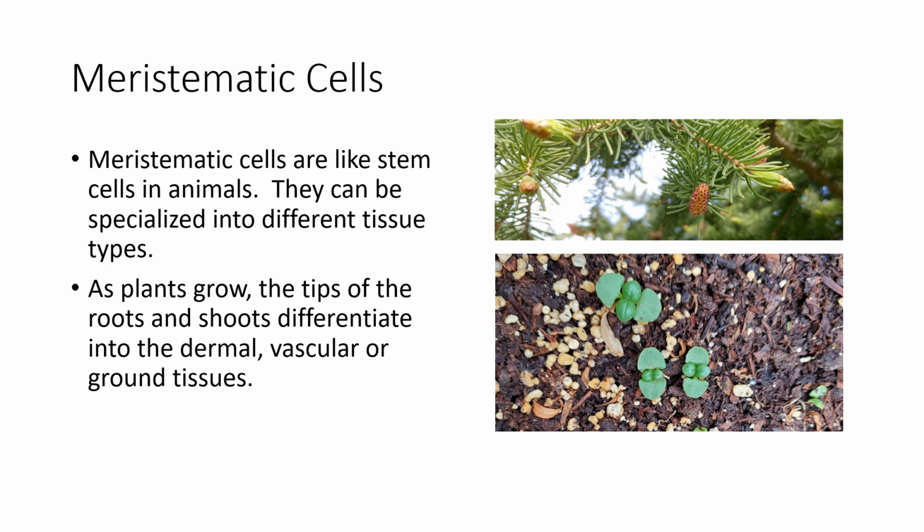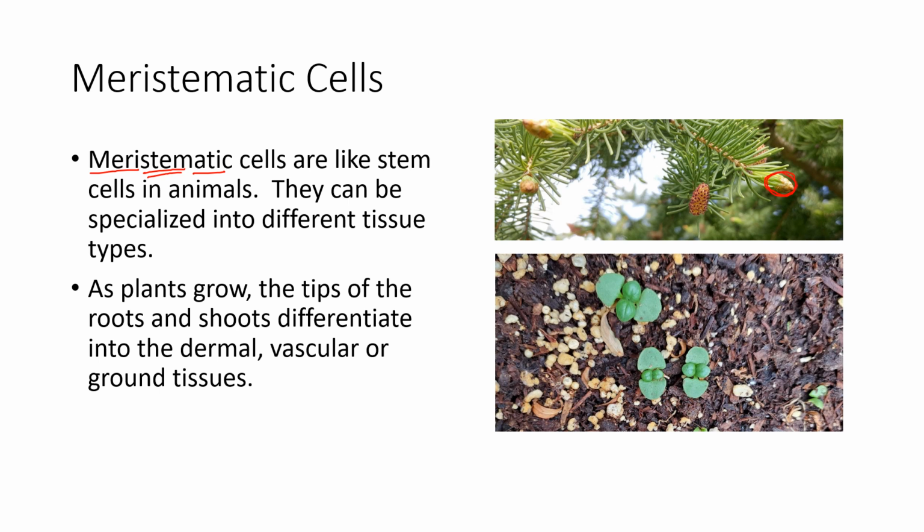The next interesting type of cell in a plant are similar to stem cells in animals, and they're called meristematic cells. It even has the word stem in there. Sounds like a happier version of stem cells. Anyway, so meristem cells or meristematic cells are wherever there's growth in a plant.